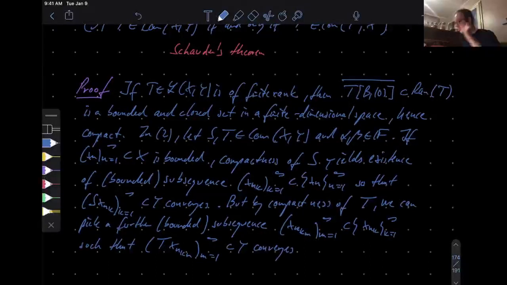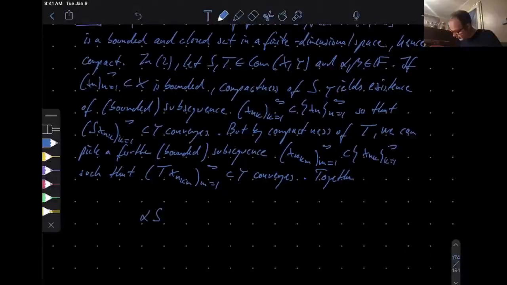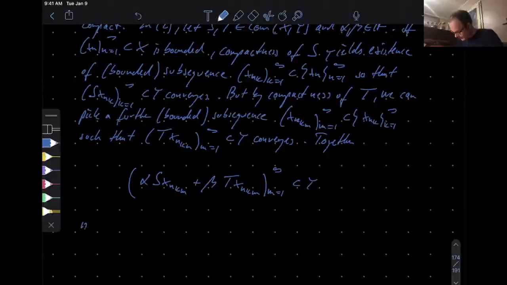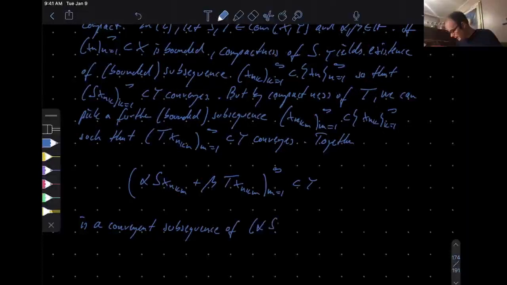This is again the sequential compactness, but now on the level of the image of T. Together, if you look at alpha S x_{n_{k_m}} plus beta T x_{n_{k_m}}, and you trace out the m, that's going to be a sequence in Y. This thing is a convergent subsequence of alpha S x_n plus beta T x_n, n from 1 to infinity.